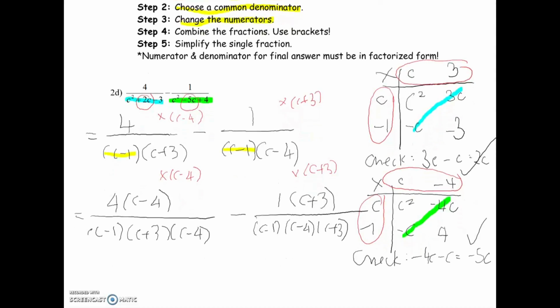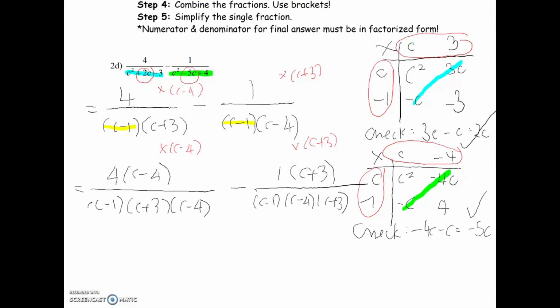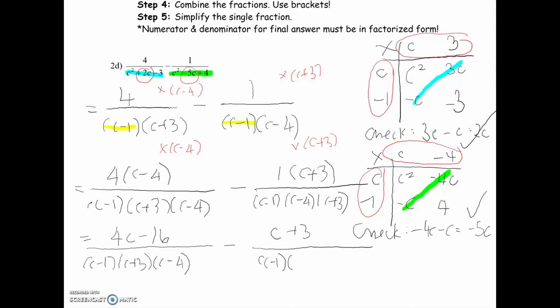So therefore, we will get 4c minus 16, as we expand, over c minus 1 times c plus 3 times c minus 4, minus, we expand the numerator for the second fraction, we get c plus 3 over c minus 1 times c minus 4 times c plus 3.